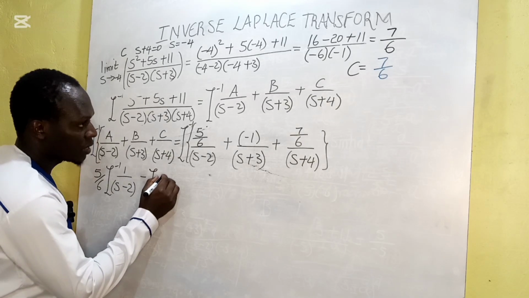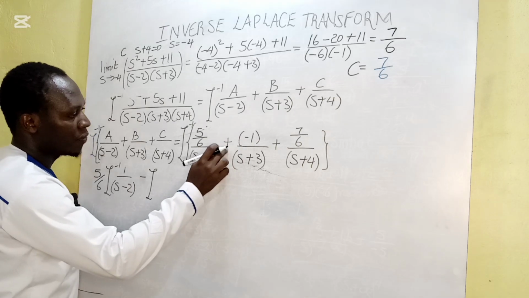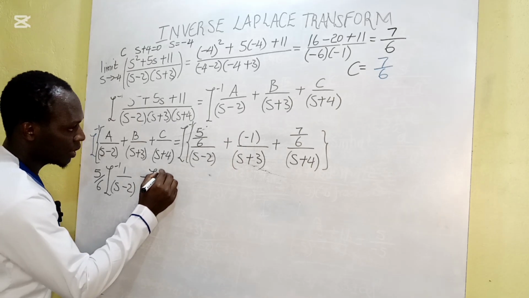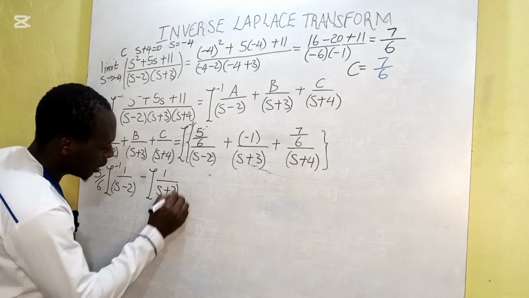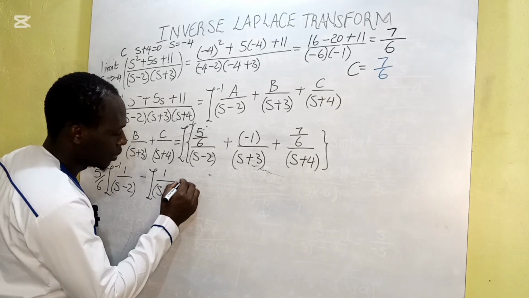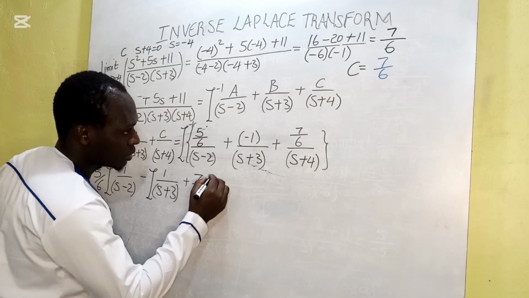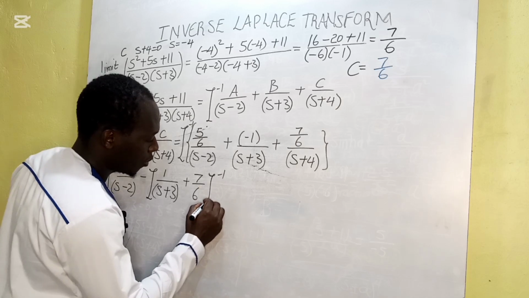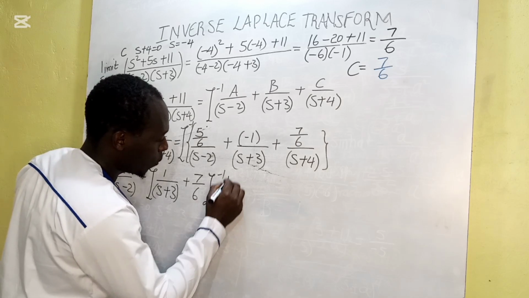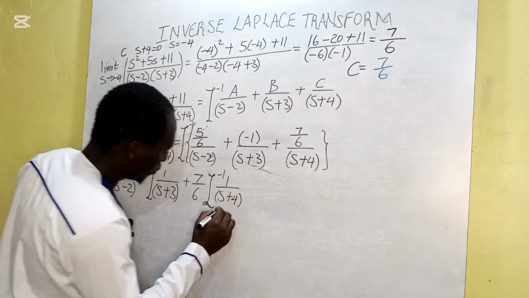The inverse Laplace transform of this negative is the one that is going to affect the positive that we are having there, 1 all over S, we add to 3. We come and add to 7 all over 6, the inverse Laplace transform of 1 all over S, we add to 4.